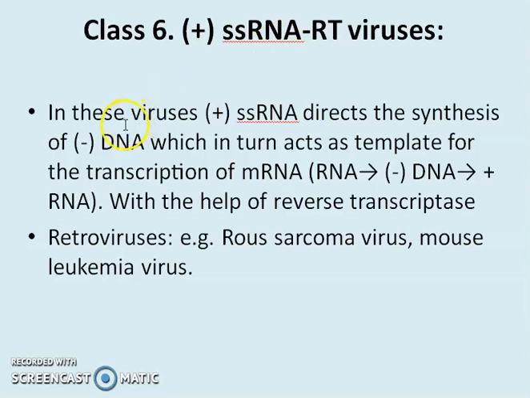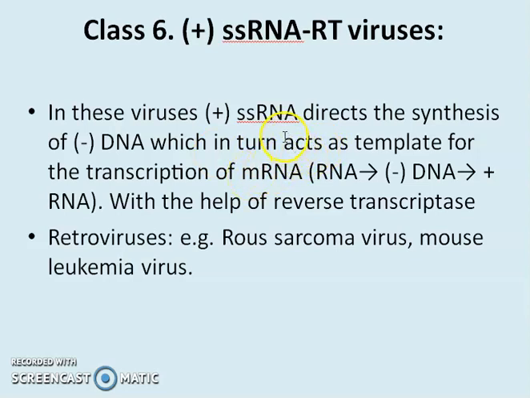So how these viruses multiply is that the single-stranded RNA synthesizes a negative-stranded DNA. A single-stranded DNA will be synthesized from single-stranded RNA using the reverse transcriptase enzyme, and that acts as a template for the transcription of mRNA.